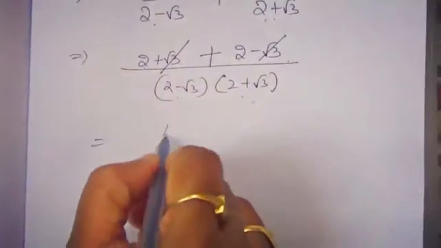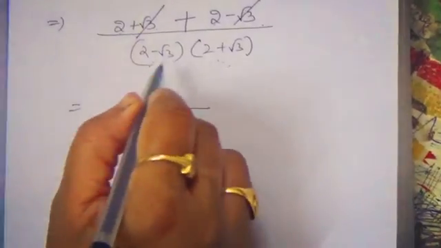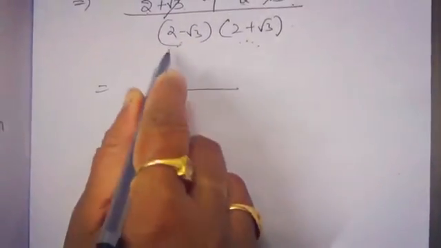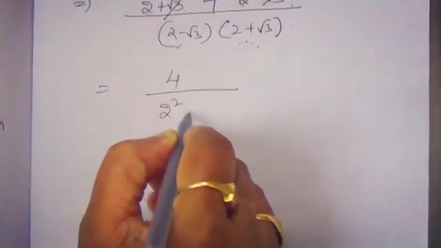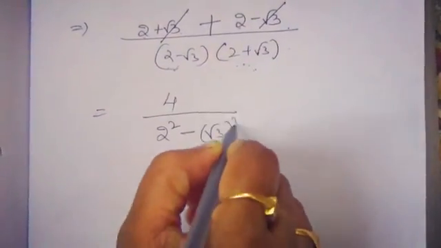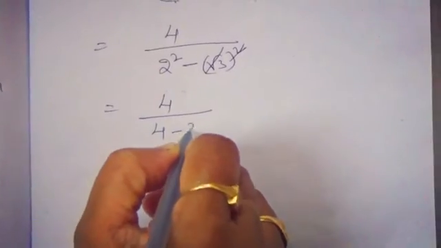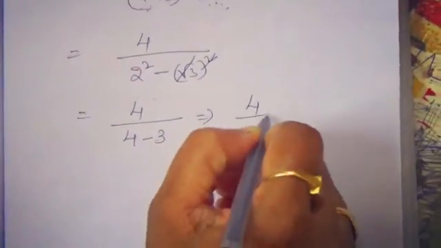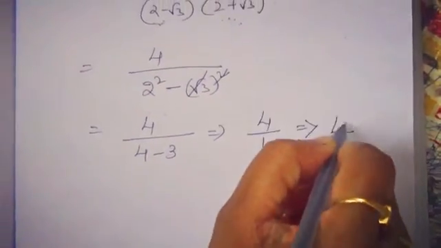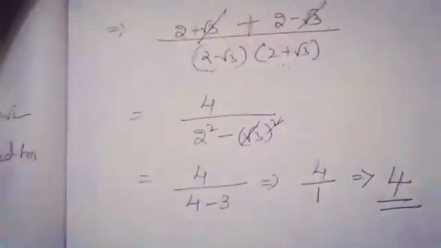So 2 plus 2, 4 by, here a plus b into a minus b means a square minus b square, 2 square minus root 3 square. So 4 by 4 minus 3, that implies 4 by 1, that is equal to 4. Here we got the value 4.